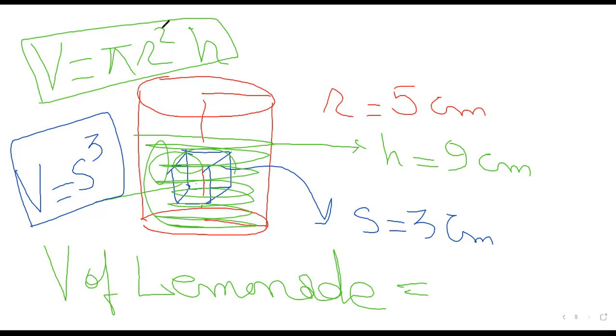Once again, I am repeating. The answer is 9 times 5 squared times pi, minus the cube, 3 cubed.